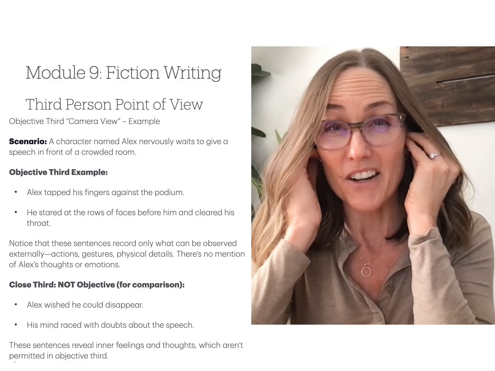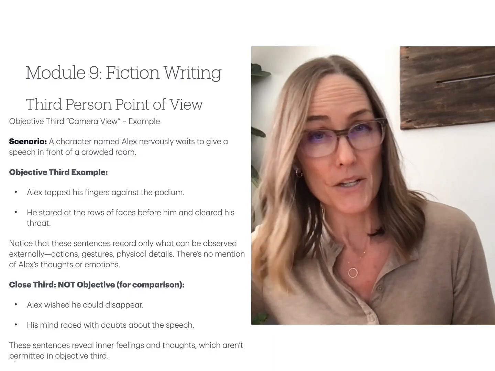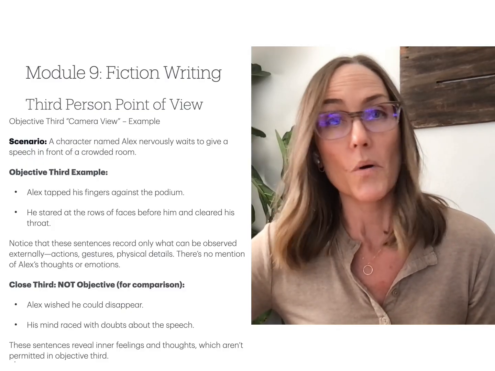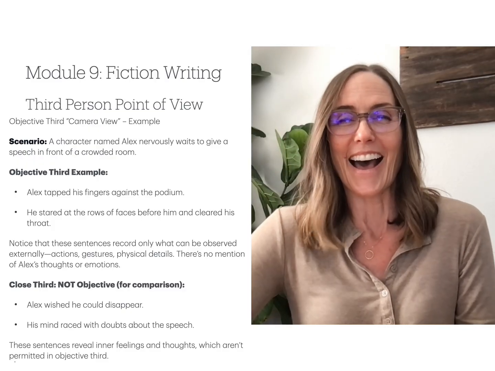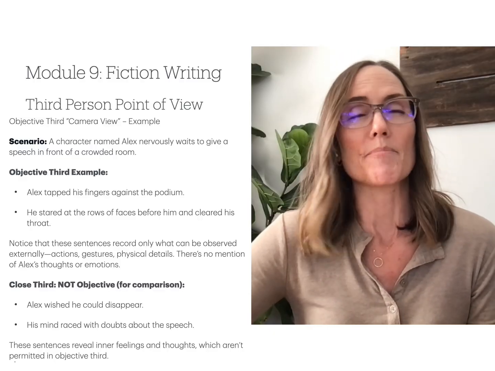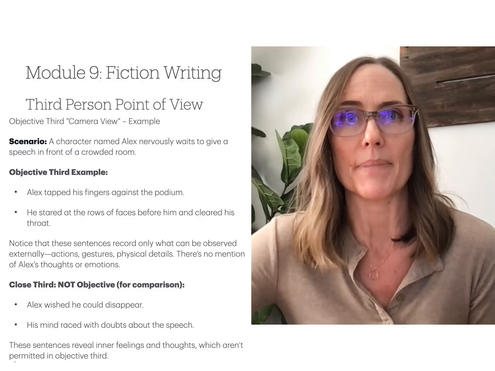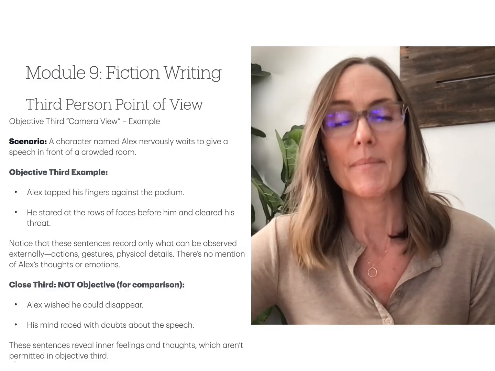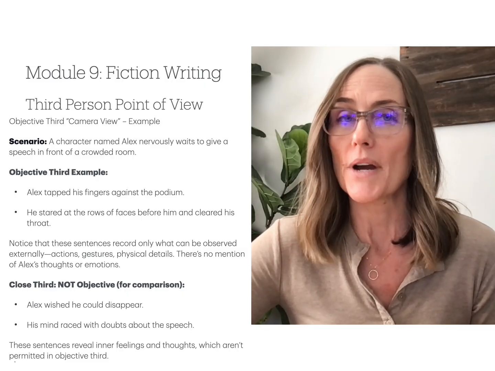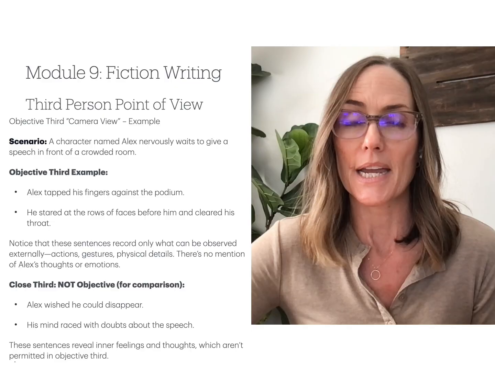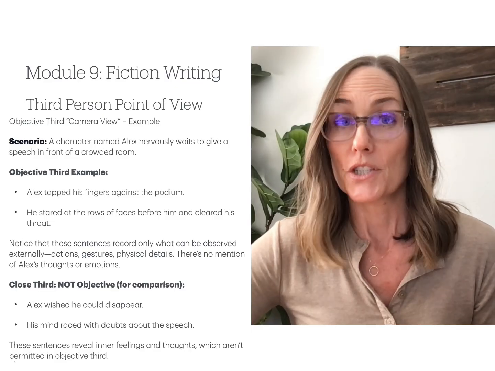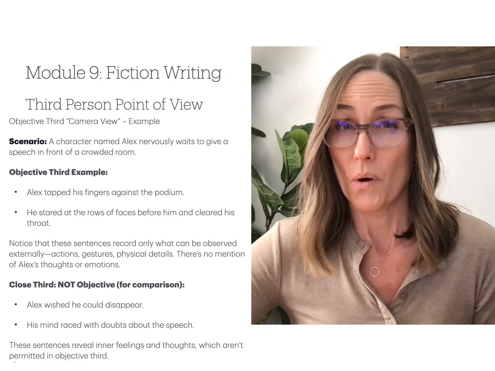I like to write character and I don't like to write plot as much. So I end up inside my characters' heads all the time and it gets real boring in there. I had a writing mentor who was just like, please, can something just happen in your stories? Please. Do I have to know what everybody's thinking all the time? And it's true. If you're in a story and all you're getting is character thought and you're just in someone's head the whole time, most of the time it's super boring.